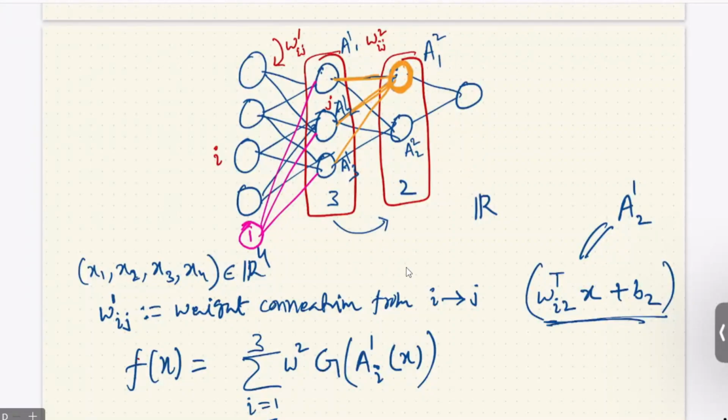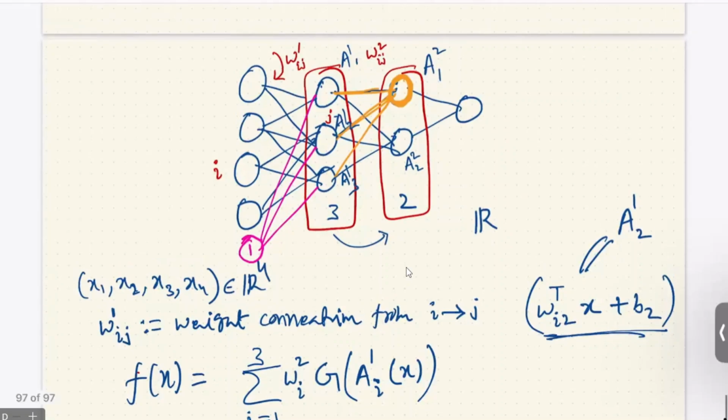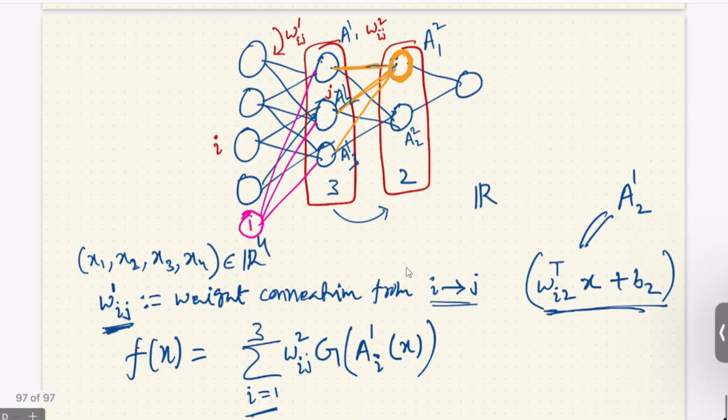So the first one, the i's are fine, and the second one where it is going, that is what I have defined in the W_ij notation. If you look here, W_ij is a weight connected from i to j. Now i is acting as this one and j is acting as this one. So that is where the j comes in, and I need to again express further what that j means.